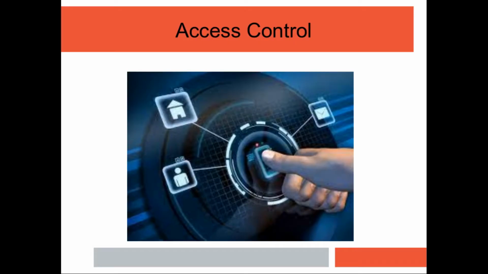Access control in the sense, if I give a live example, in our college campus every faculty is allowed to give attendance by thumb recognition, and if that faculty is of that college, then only the thumb recognition will be executed.